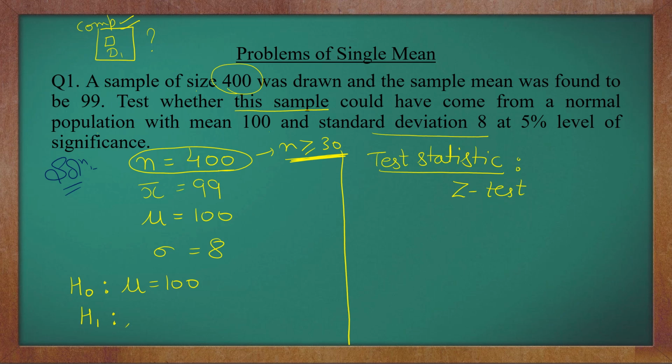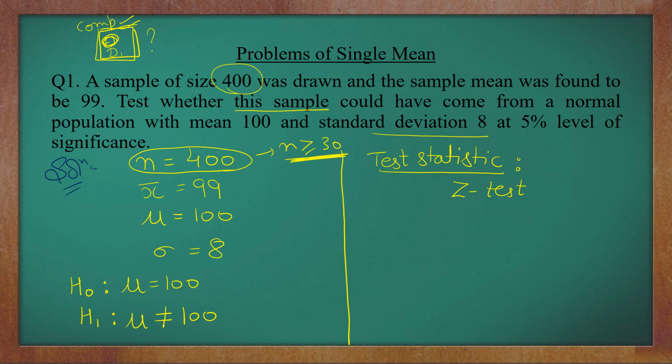No. So the alternative hypothesis is the opposite of this one. First we are taking that mu is equal to 100, meaning I'm choosing this sample from this population. Alternative is the opposite. That first step is completed.